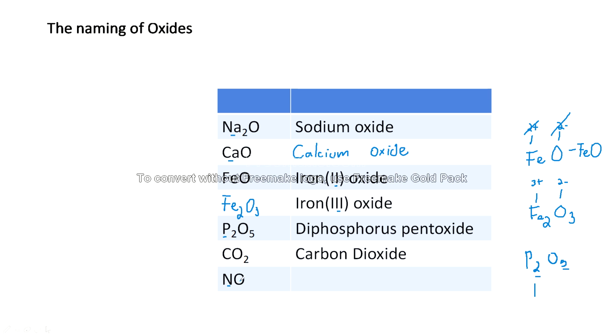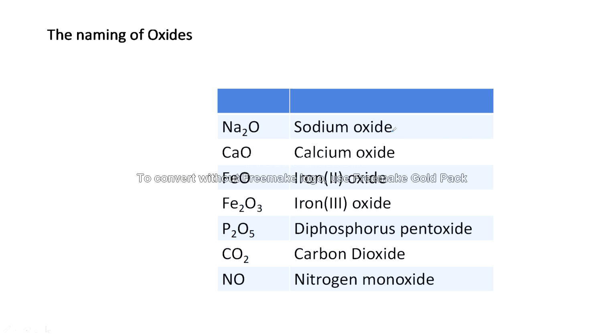And oxygen is one, so we include the mono prefix, so it will be nitrogen monoxide. Okay, that is it. Good. That is the correct table. Here is the formula and the other one is the name.